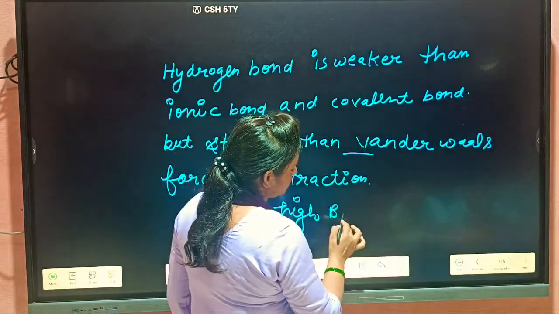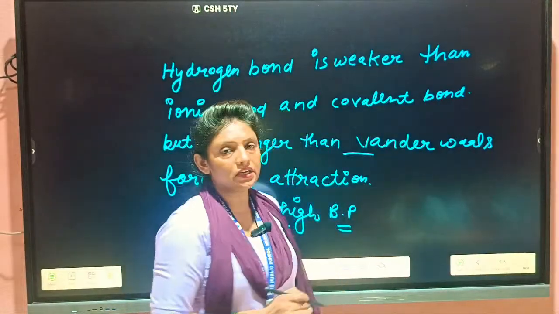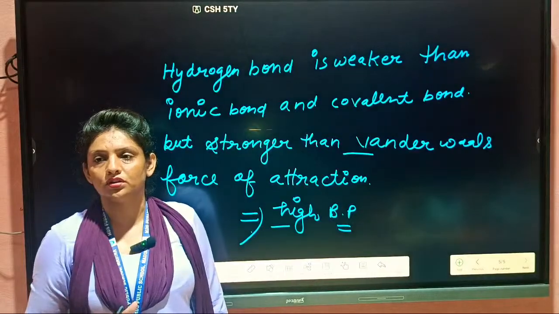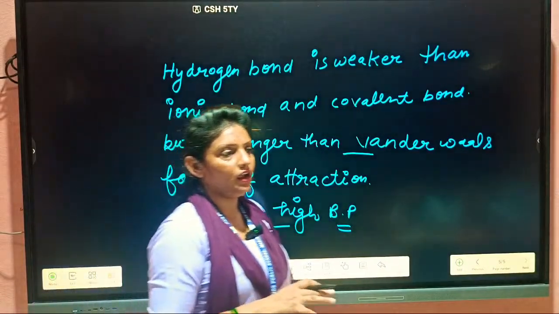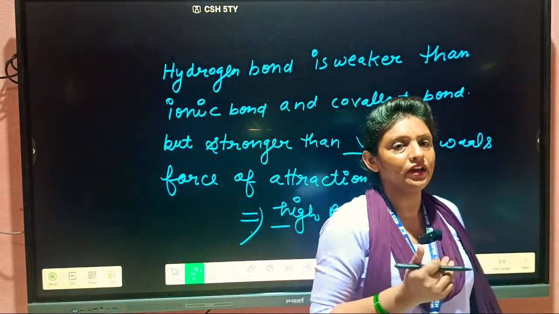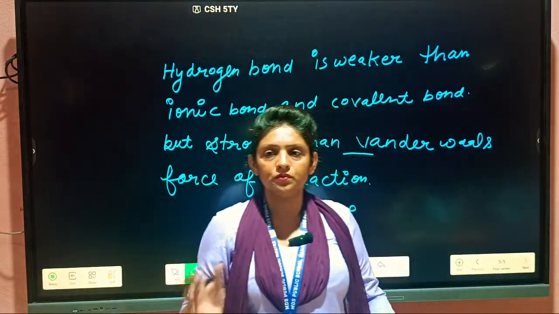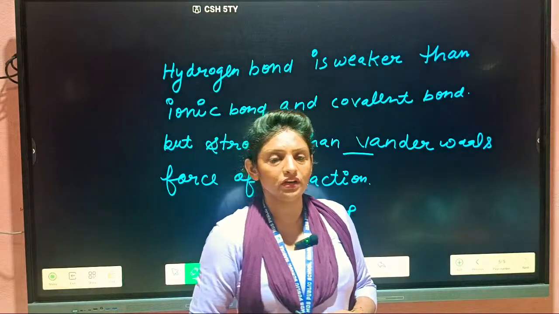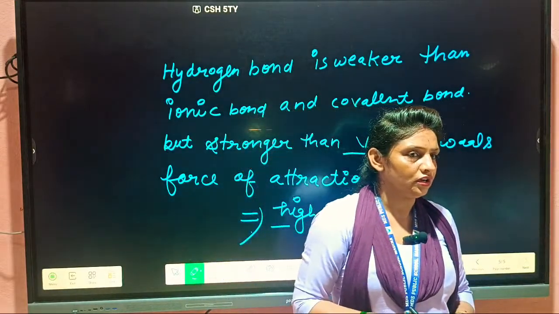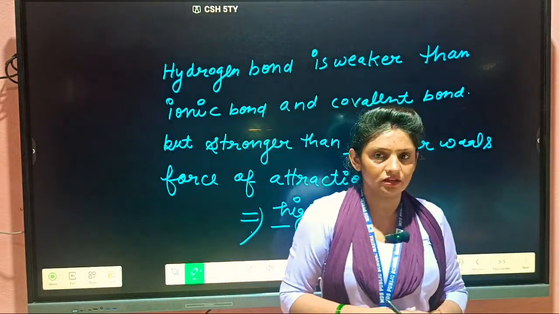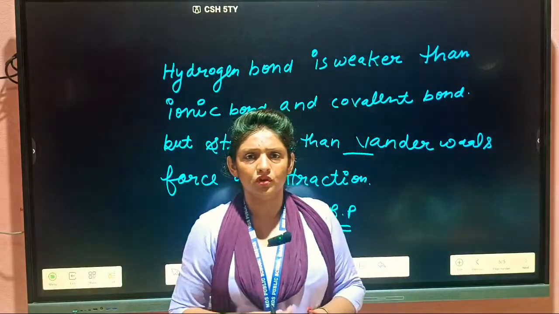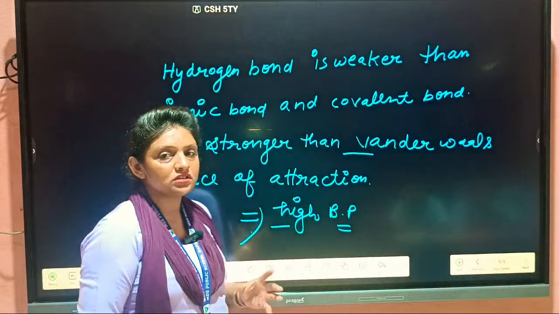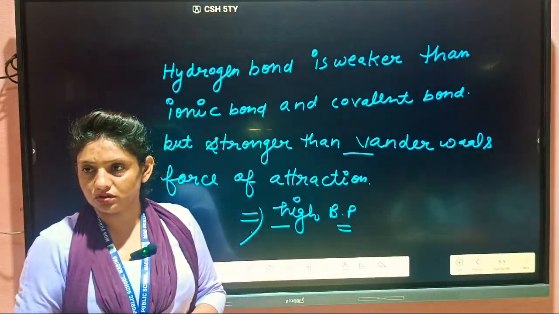high boiling point. Means the compounds which form hydrogen bond cannot boil at low temperature. You know very well, water is forming hydrogen bond between its molecules. So what is the boiling point of water? 100 degrees Celsius. So it is not so low. Why is it so? Because they are forming hydrogen bond.